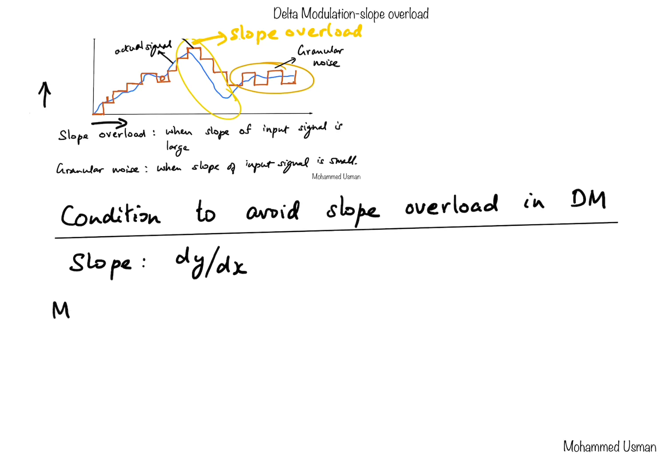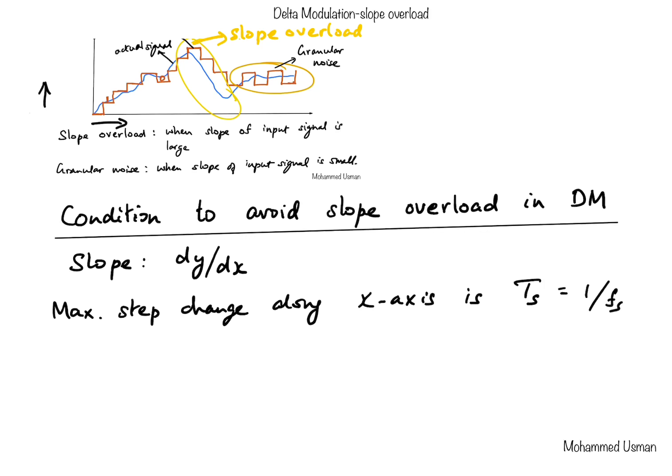Let's write down the maximum step change along the x-axis: it is the sampling period Ts equals 1 by Fs. We are moving one sample at a time, one sample and the next sample and the third sample and so on. So the maximum step change along the x-axis is the sampling period Ts, which is the inverse of the sampling frequency Fs.